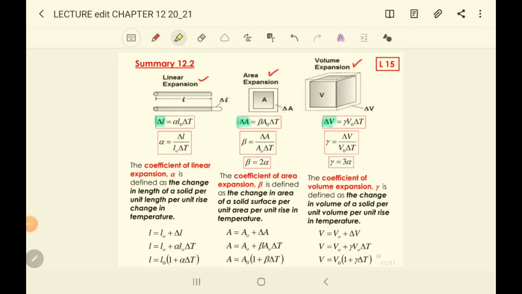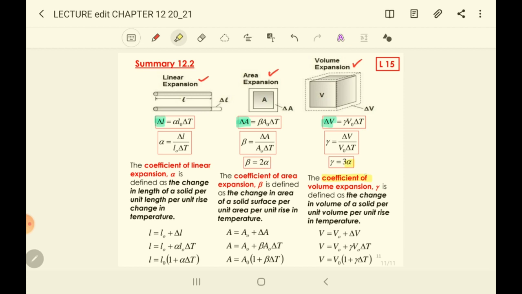Before we finish, I want to highlight one thing. When you read a question about linear expansion, area expansion, or volume expansion, please read the question carefully, especially for area expansion and volume expansion. Let's say the question is about volume expansion, but it just gives you the coefficient of linear expansion alpha. Please be careful.